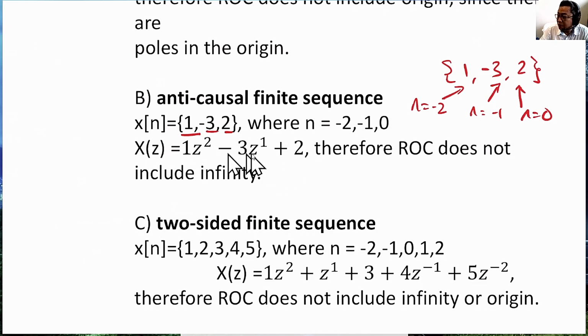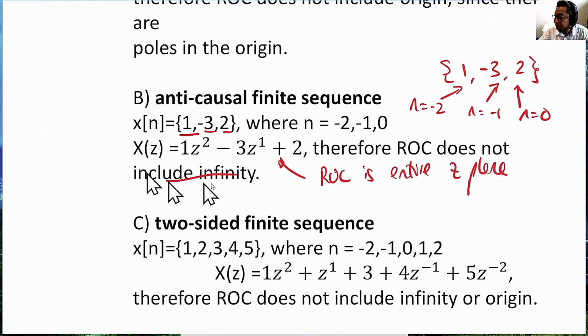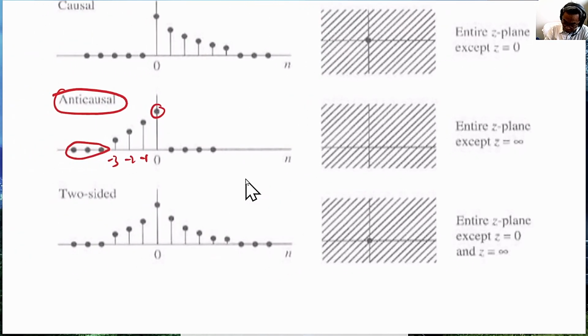Now, this is already positive powers, so what can we say? Well, the ROC is everywhere except infinity. If you put infinity here, it's infinity minus infinity plus 2. So the ROC is the entire z plane except infinity. Right, so when we draw this, we have the entire z plane except z equals infinity.